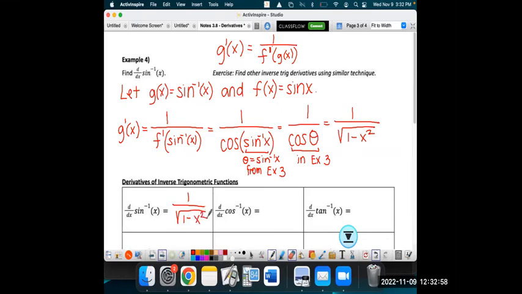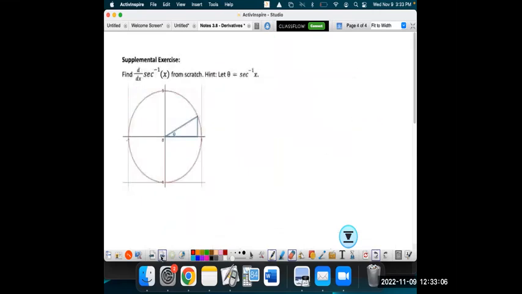So if you want to do a similar process for any of the other trig derivatives, I'll show you on the back, you would say, let theta equal that inverse trig function, and solve for x.